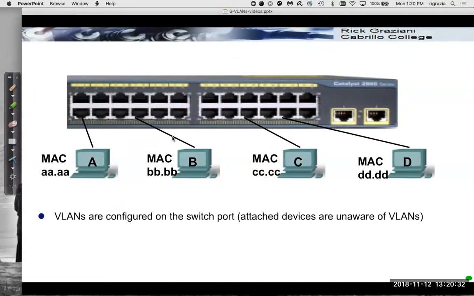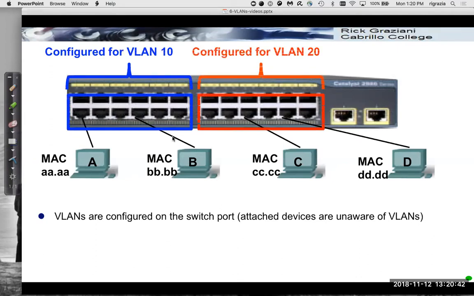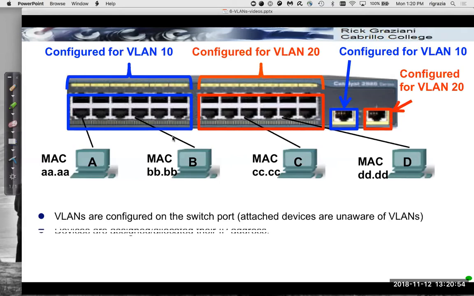Devices are totally unaware of the whole concept of VLANs, but they are aware of IP network addresses. So we want this range of switch ports configured for VLAN 10, this range of switch ports for VLAN 20, this one configured for VLAN 10, this one for VLAN 20.